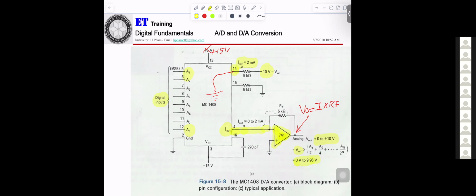Okay. This IC, the DA converter: block diagram, pin configuration, typical application.